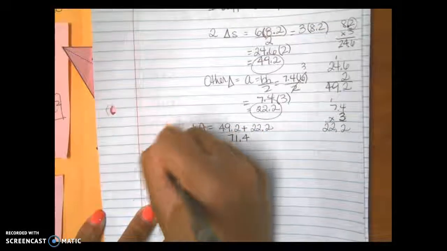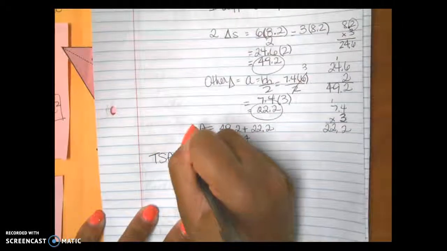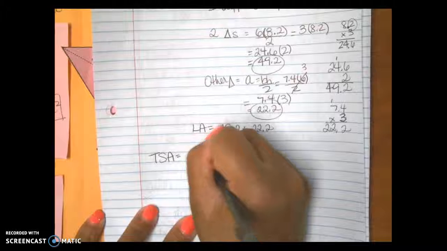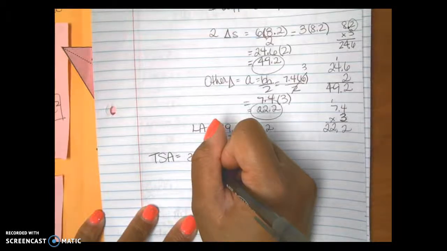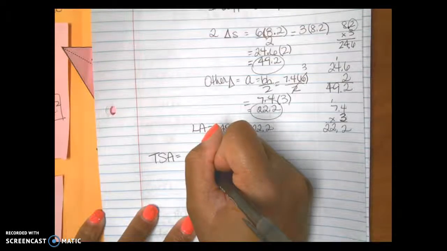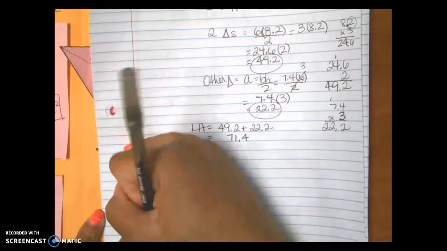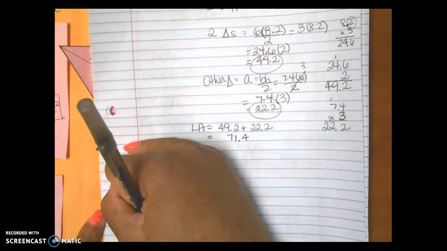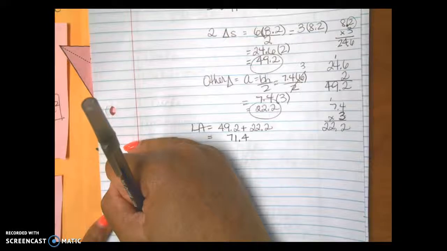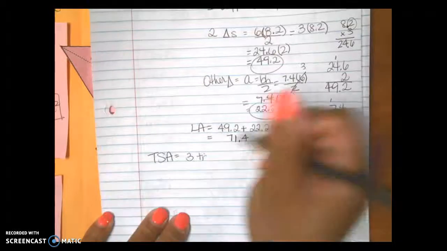Now my total surface area. What are all of the faces? How many? 3 are lateral, but what's the 4th one? Which is a what? Another triangle.